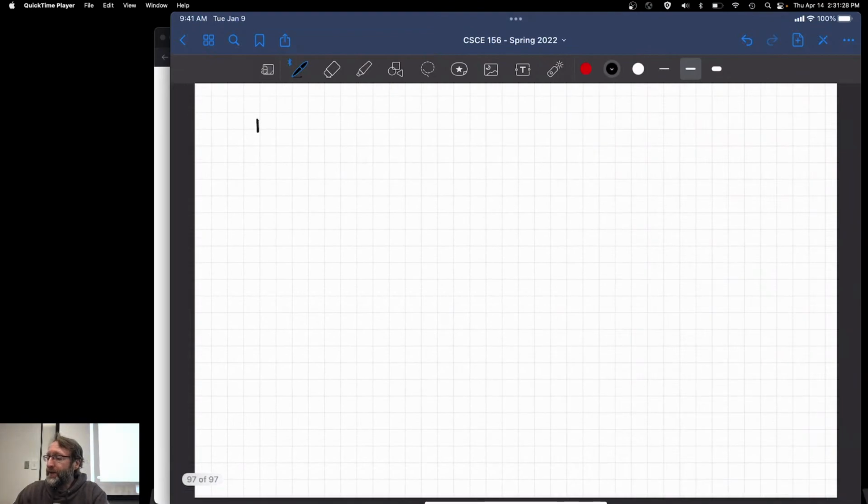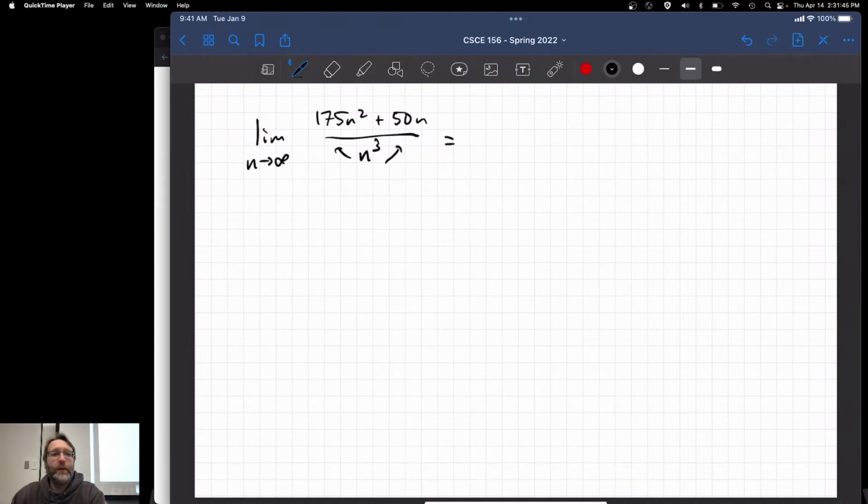What would it look like if we set up a limit for our two functions that we just played around with? What was it? 175 n squared plus 50n all over n cubed. You can go ahead and split this up into two sums. And then the limit of sums is equal to the sum of limits, as long as they converge. They will.